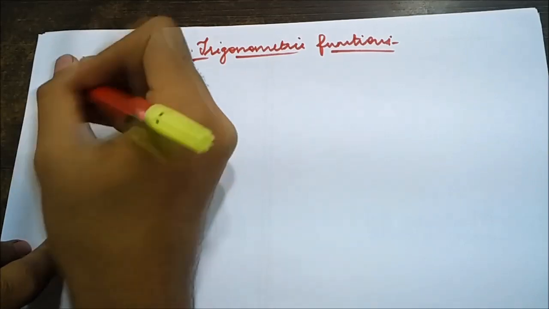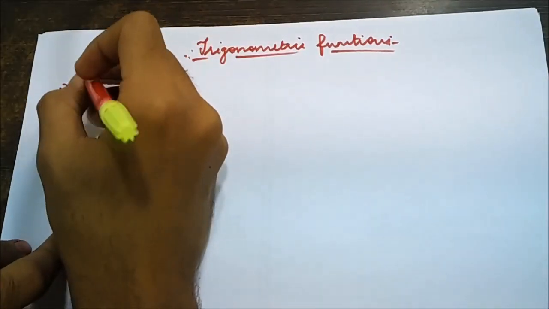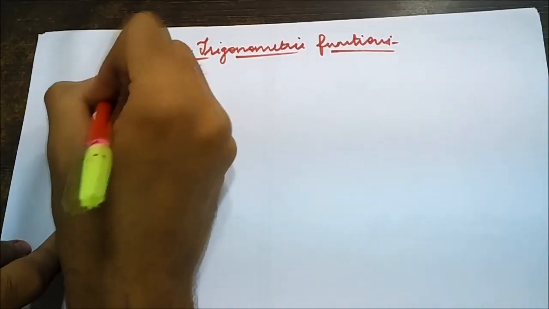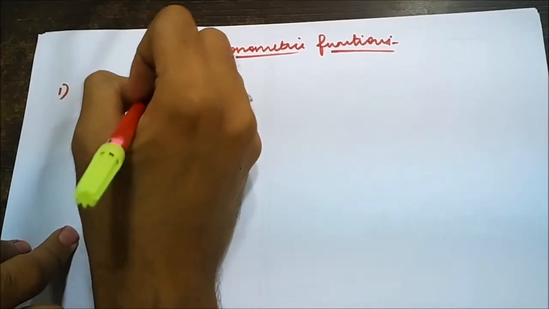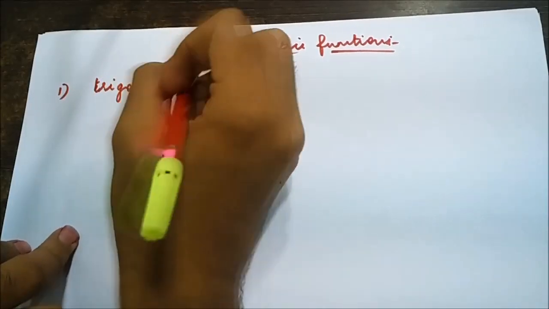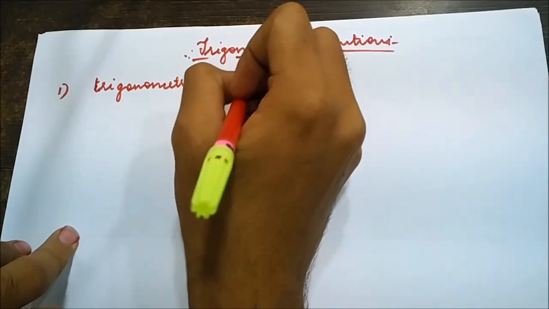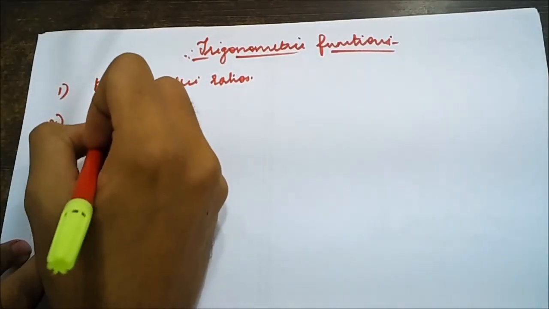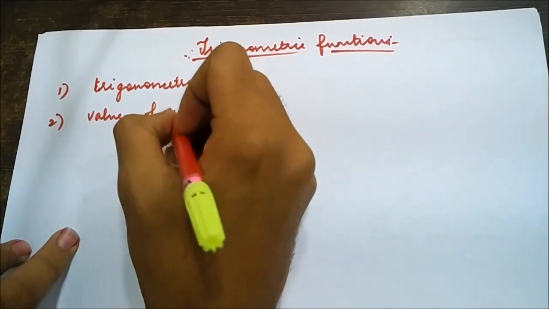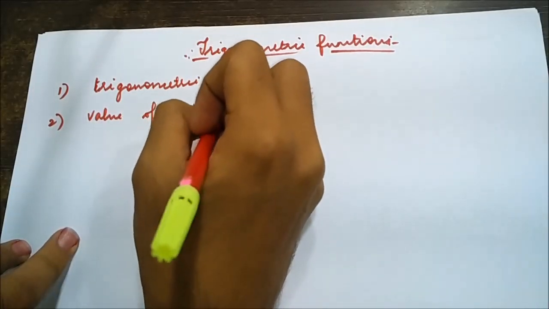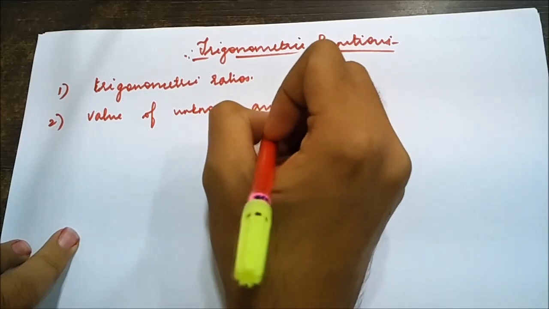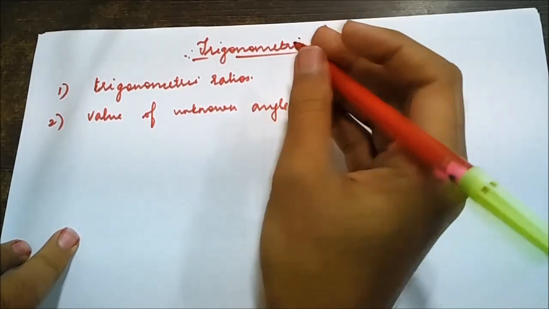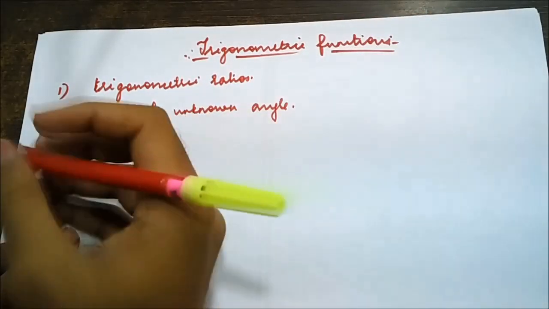So what are the points of an equation that consists of trigonometric ratios? Secondly, the value of the unknown angle needs to be found out, which satisfies a given trigonometric equation.